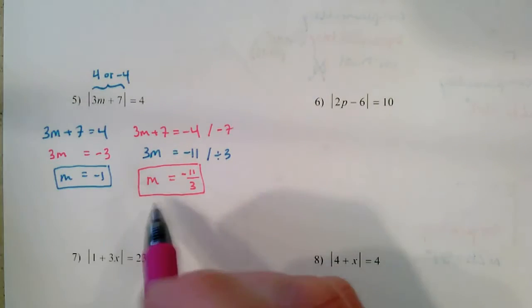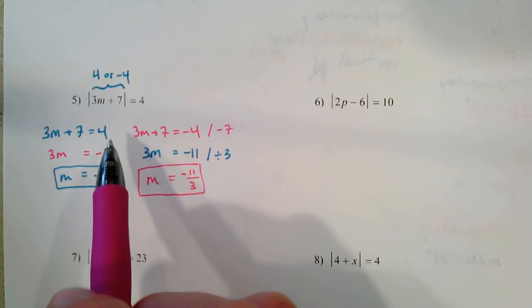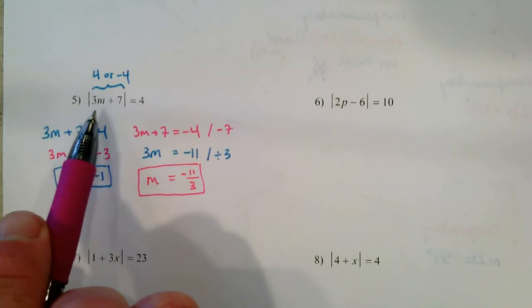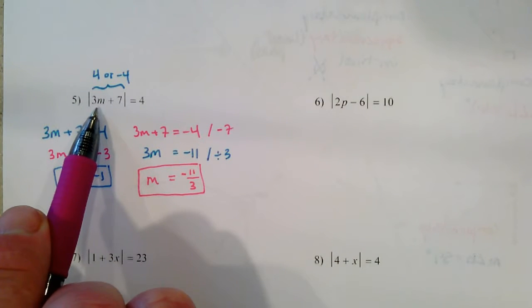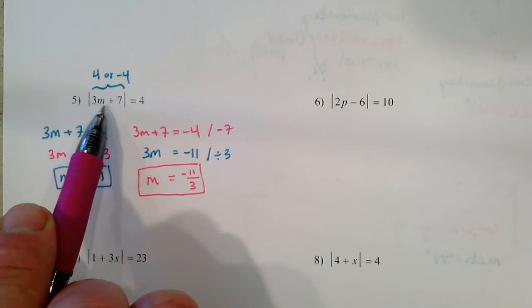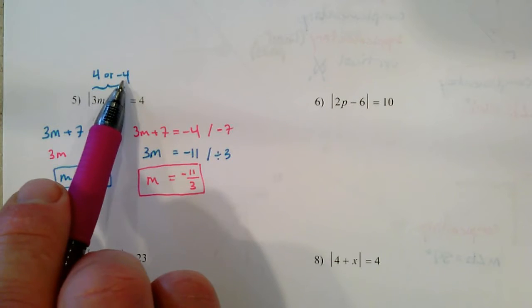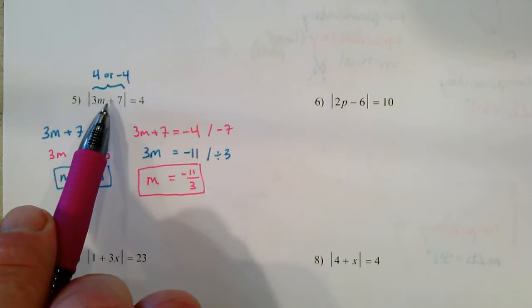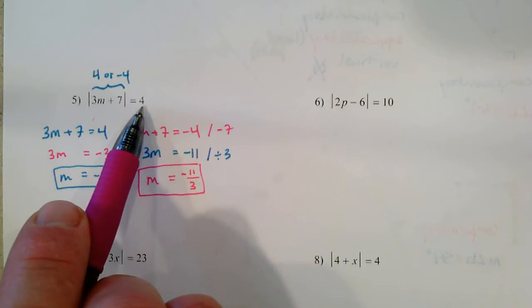So what that means is, and it's a good thing to check with your calculator, if I substitute negative 11 over 3 for m, and I go 3 times negative 11 over 3 plus 7, it's going to equal negative 4, and the absolute value of negative 4 is 4.